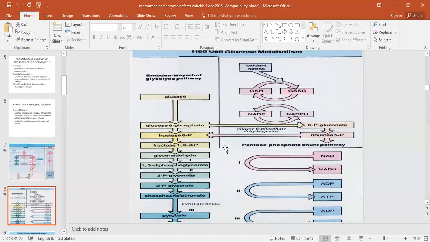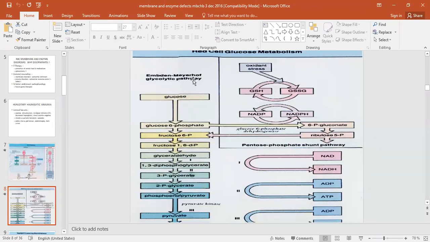One is the Embden-Meyerhof glycolytic pathway, which I think you guys did ably while in Chiromo. You looked at how glucose is broken down to lead to lactate formation, and some of the enzymes that would be essential in generation of ATP, including various products in between.